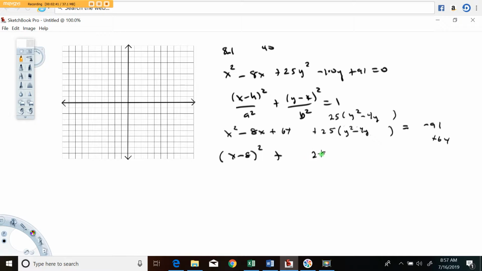Now look at your b, negative 4, cut it in half, that's negative 2, and square it. That's 4, so we add a 4 here.